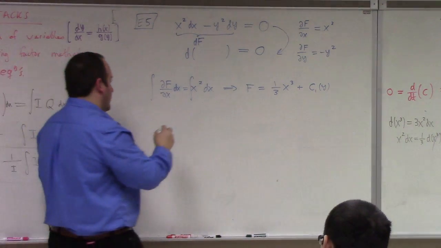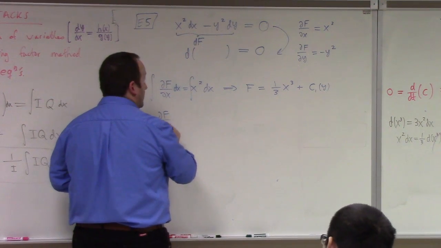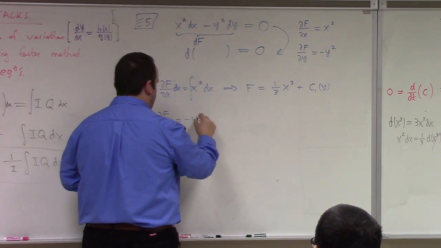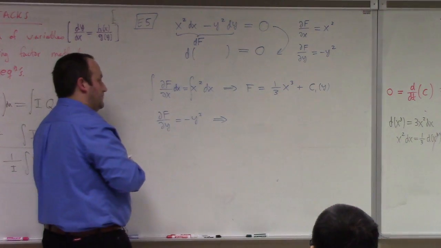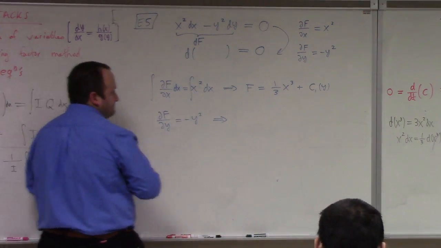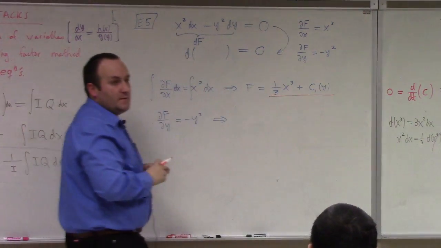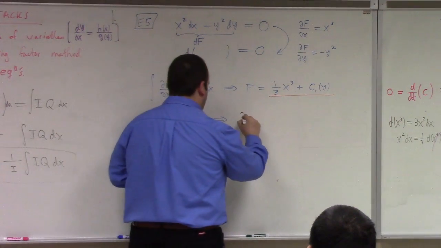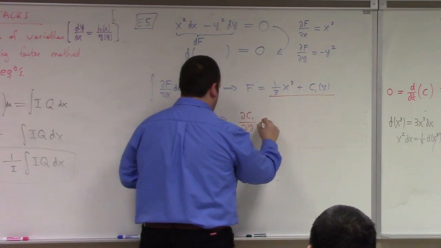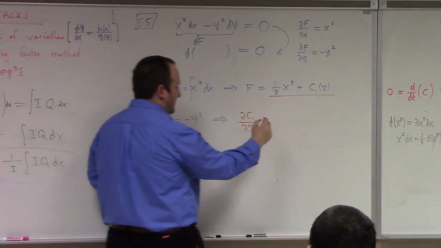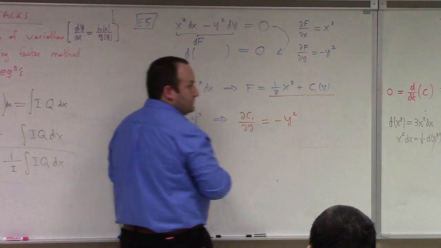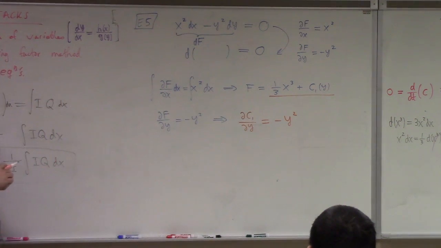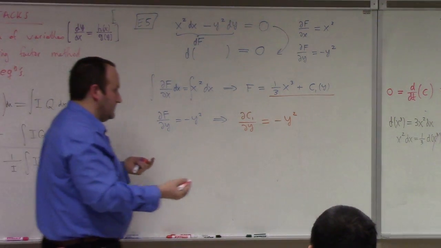And then I also need that partial f, partial y equals minus y squared, right? But if I differentiate this animal right here with respect to y, what do I get? I get partial c1, partial y equals minus y squared, right? But of course that partial derivative can be written as a total derivative because c1 is just a function of y. You can do this integral, right?